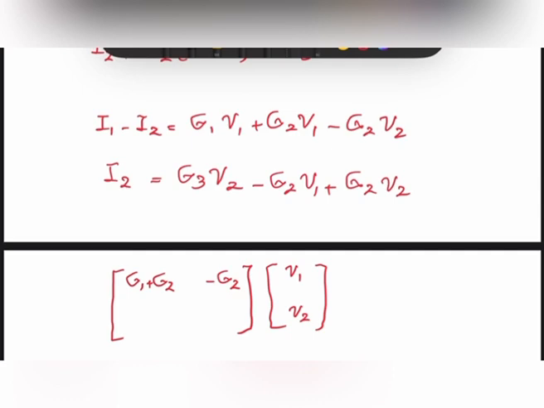For the next one, for V1 I have minus G2, and for V2 I have G2 plus G3, times this, is equal to I1 minus I2 over I2. So in that case, I'm going to solve this problem using Cramer's rule, for example, and I can even give these matrices to software packages like MATLAB, MathCAD, and Maple in order to solve the problem.